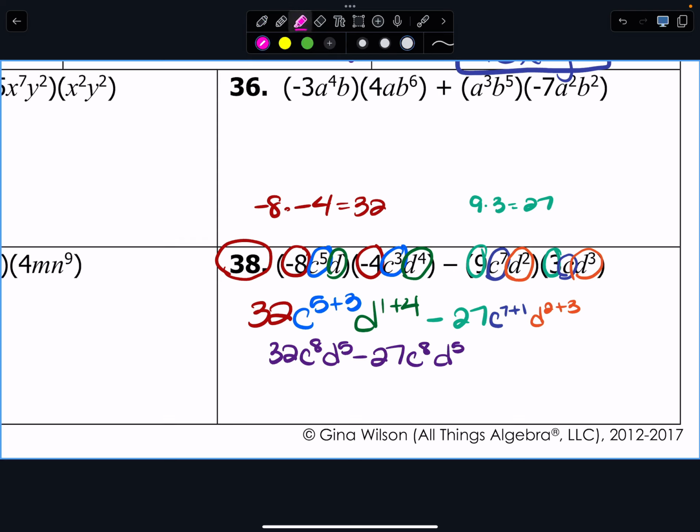And what you notice is that the c to the 8th and d to the 5th are the same. So I can subtract the numbers in the front. So what's 32 minus 27? 5. So I get 5 c to the 8th d to the 5th.